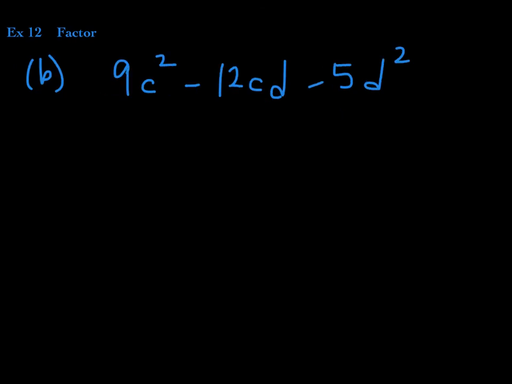All right, last example, and I'm going to invite you to pause the video and try to factor this trinomial. All right, I noticed that the GCF is 1, so I won't be factoring that out. I also noticed that this is going to be a little more challenging, probably, because the leading coefficient is not 1. So I am not thinking about factors of negative 5 that add up to negative 12.